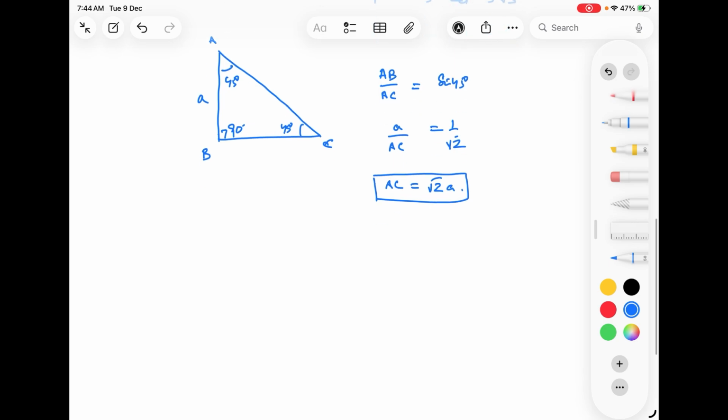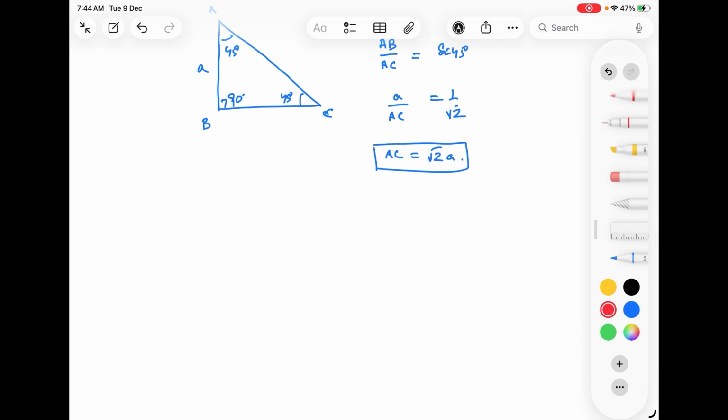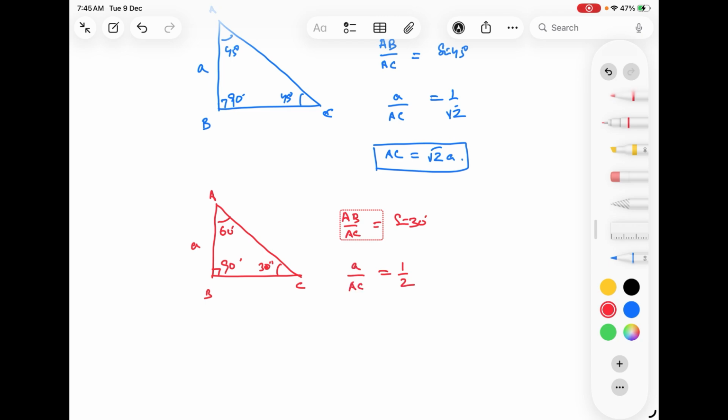And similarly, in a 30, 60, 90 triangle, you can again use trigonometry and find the length of the sides. If this is A, let us suppose this is ABC, then AB upon AC is equal to sine 30, which is 1 by 2, so A over AC is 1 by 2. So AC will be equal to 2A, right?